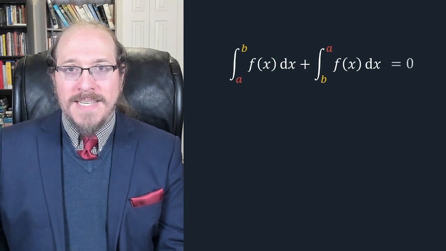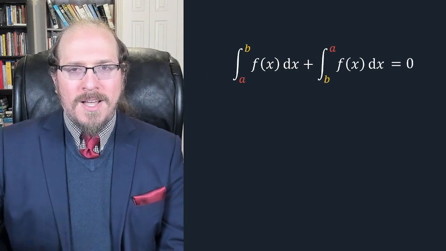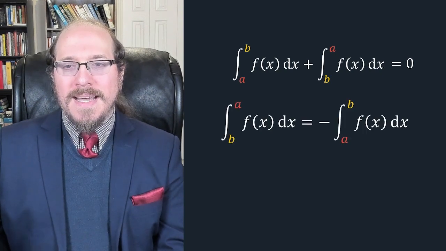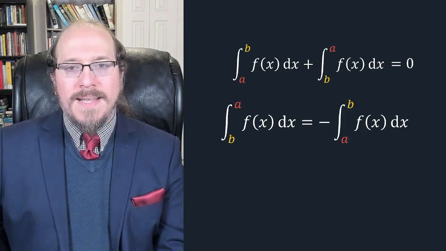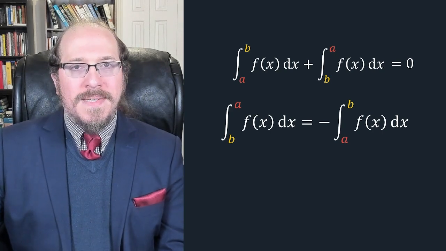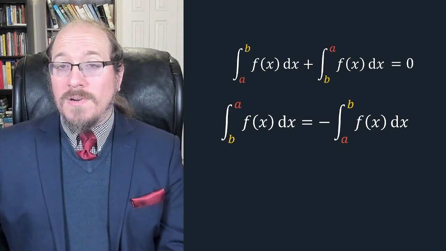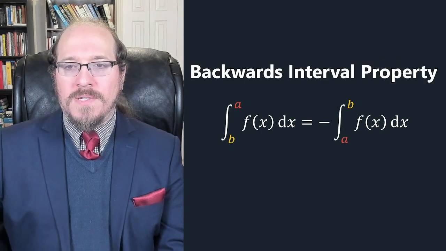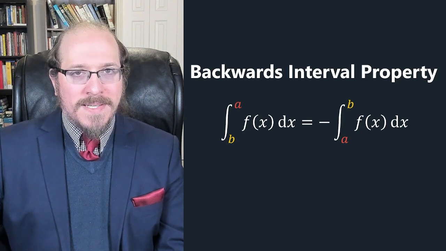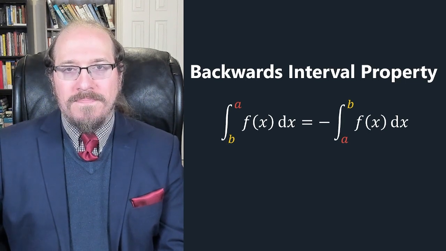That right side is equal to 0. So that means that the integral from b to a has to be the opposite of the integral from a to b. It has the same absolute value, but it's the opposite sign. So we'll call this the backwards interval property. The integral from b to a is the opposite of the integral from a to b.